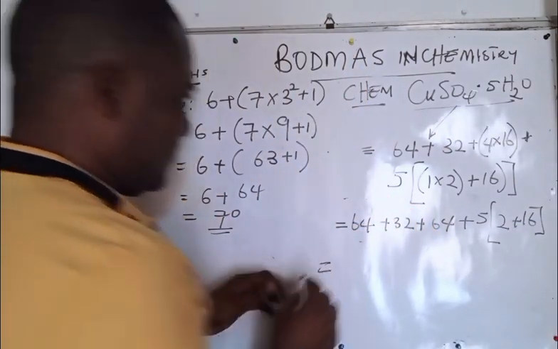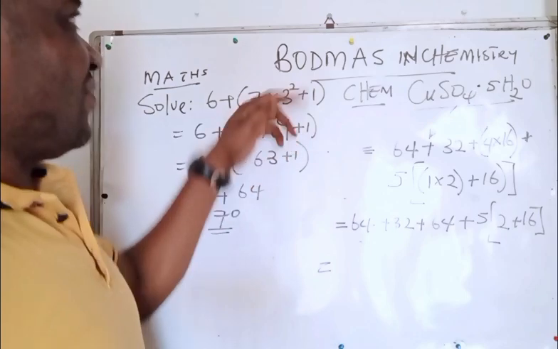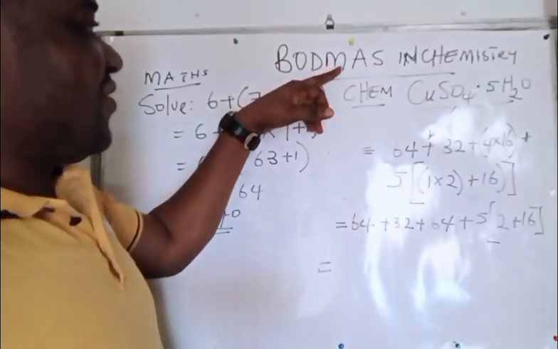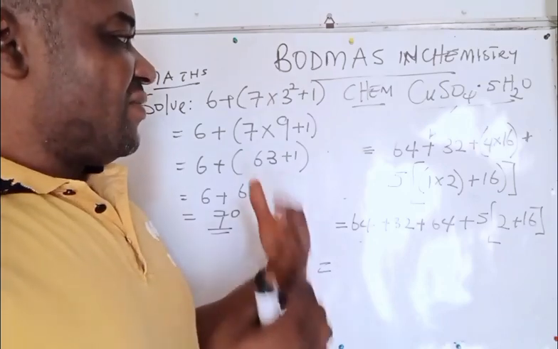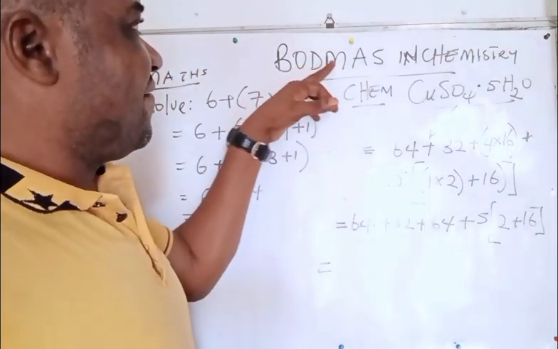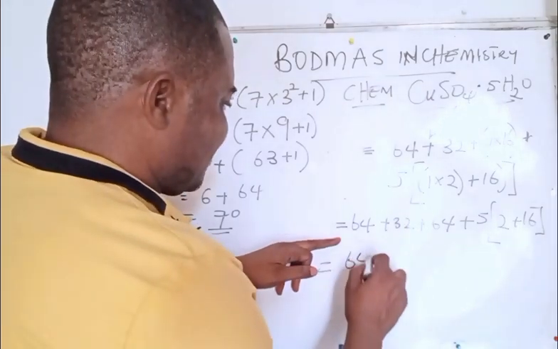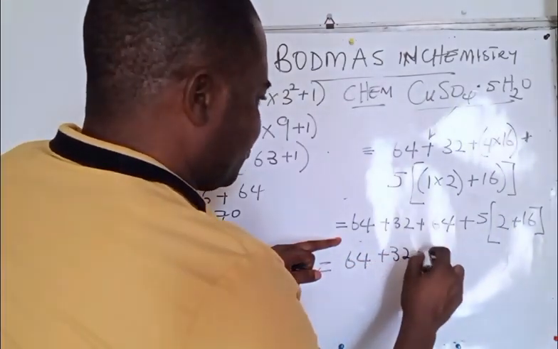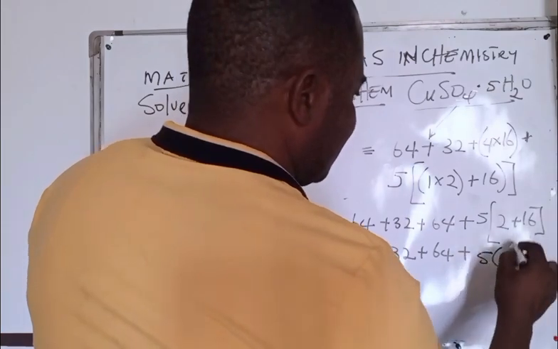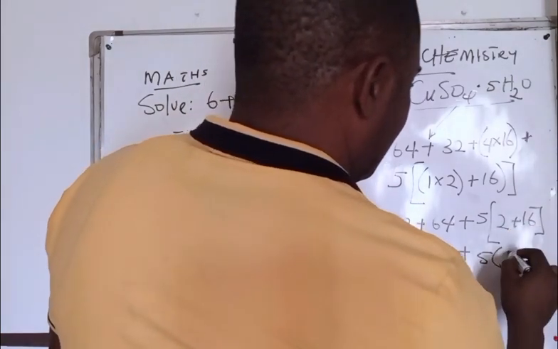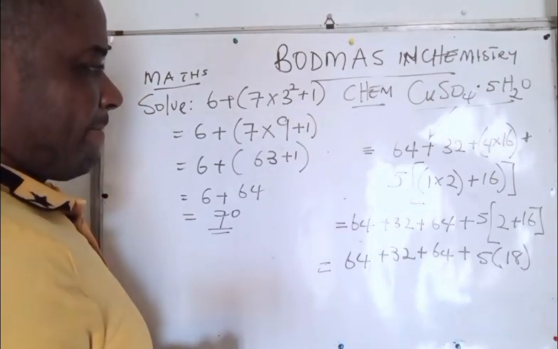Did you see that? And then we go to the next one. We are still in the order of division, multiplication, addition. We do not have division; we have finished multiplication; we have addition. Next is addition. So we have 64 plus 32 plus 64 plus 5 times, and 2 plus 16 will give us 18.